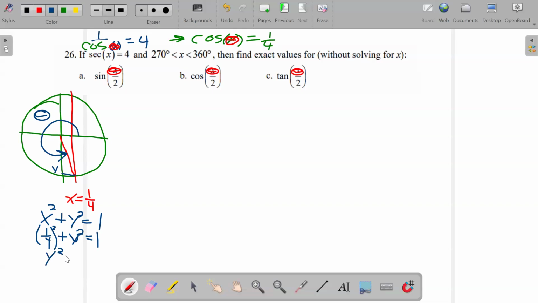So y squared will be 1 minus 1/16, 15/16. So y is going to be plus or minus the square root of that. And 16 is nice. We'll take its square root, so plus or minus square root of 15 over 4.